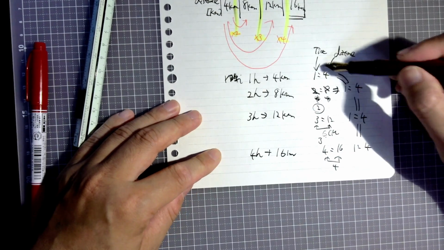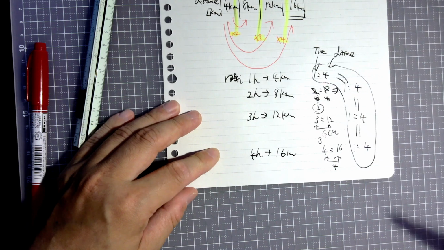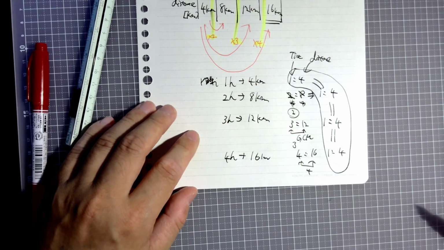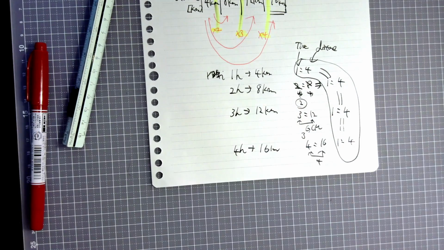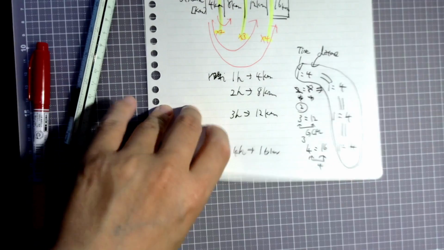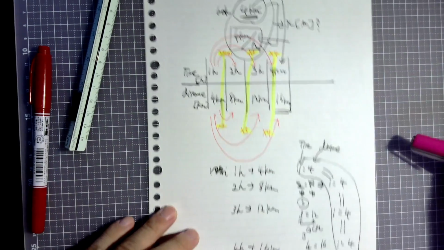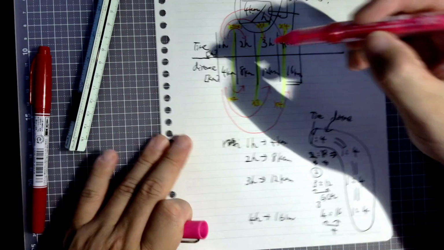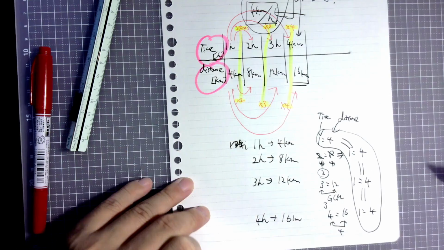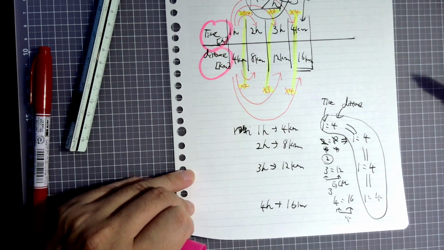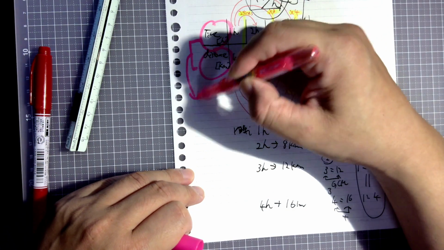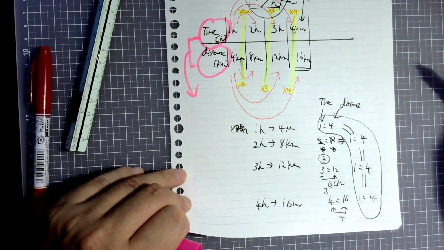Therefore, a relationship between time and distance whose ratio does not change is called proportion.